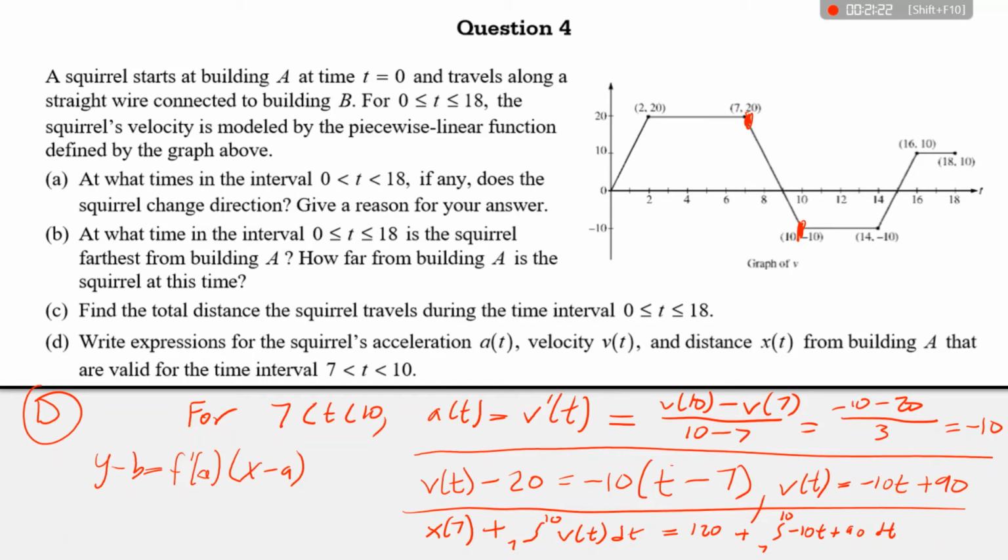Okay, we can actually solve that, I think. We could simplify at least. What happens when I integrate negative 10t plus 90 from 7 to 10?